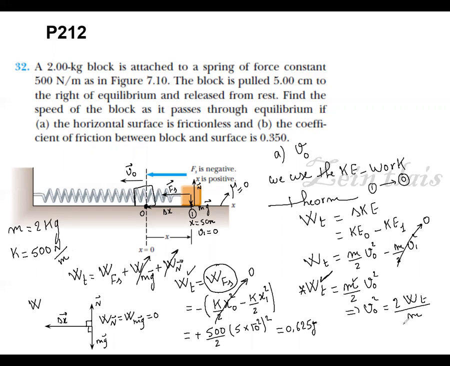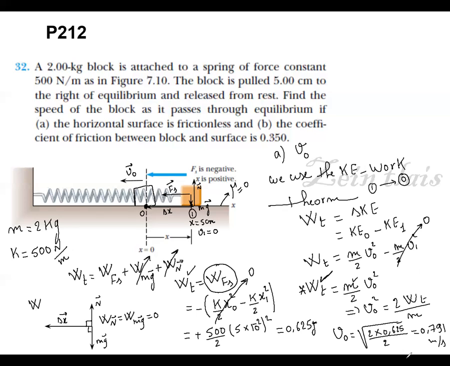So VO equals the square root of omega total, 0.625, divided by m, which is equal to 2. We get 0.791 meter per second. This is the value.